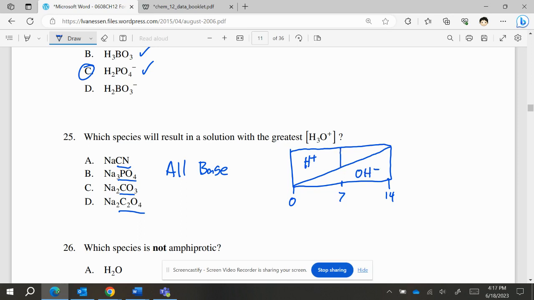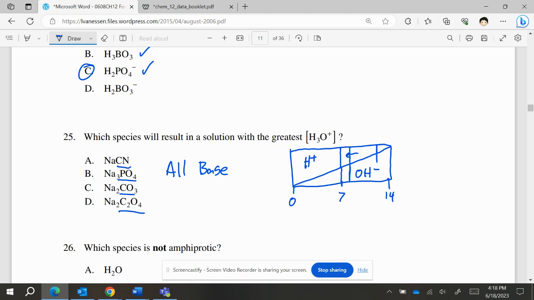Okay, so 50, 50, right? Now, these are all bases, so we're looking for the base that is the weakest. So something like right here-ish has a little bit of hydrogen. Obviously, it's going to have more OH minus. And some of these bases are going to be a little bit on the stronger side, like way up here. So what we're trying to do is find the weakest base, okay?